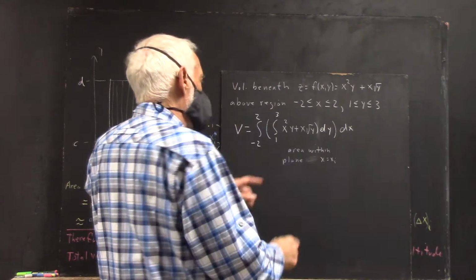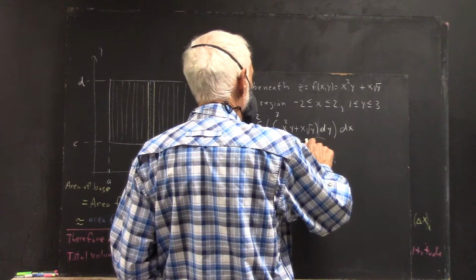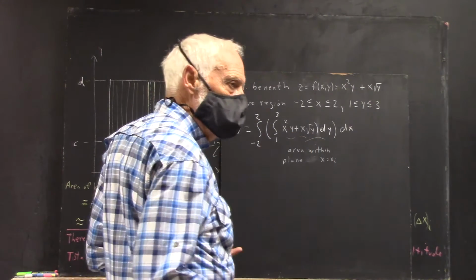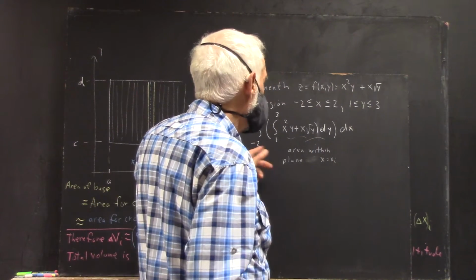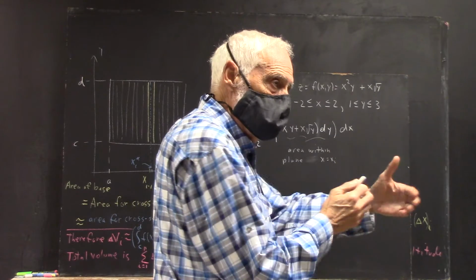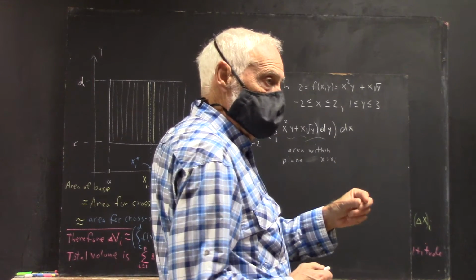This would correspond to the area within the plane x equals xi. And then you're multiplying that area by your delta x. Okay?